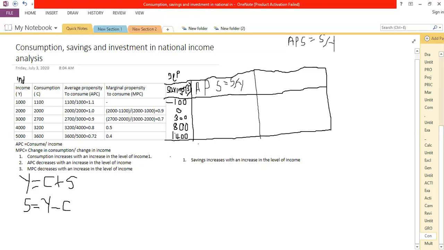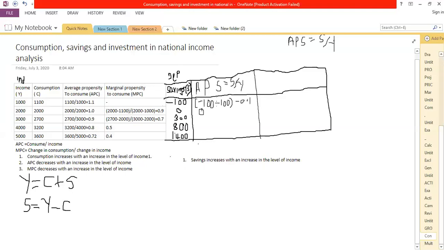The first level is at negative 100, which is a negative area. We divide this one by 1,000. That should give us negative 0.1. Next level, we have a 0 savings. So 0 divided by a number will always give us 0.